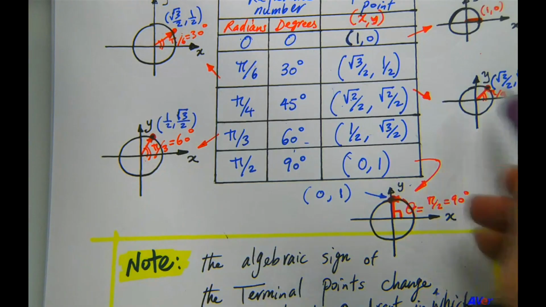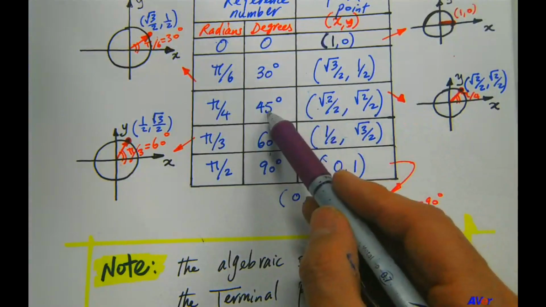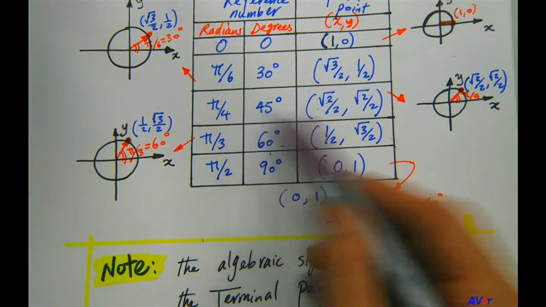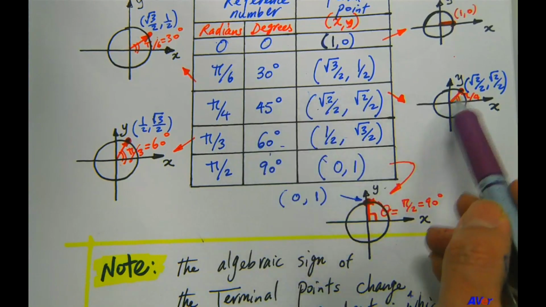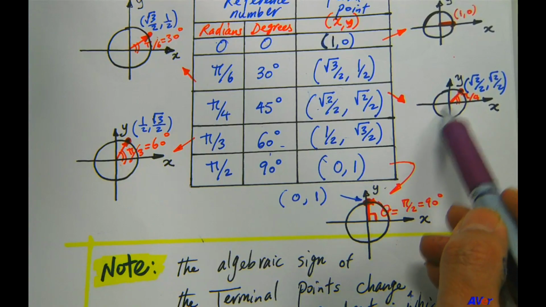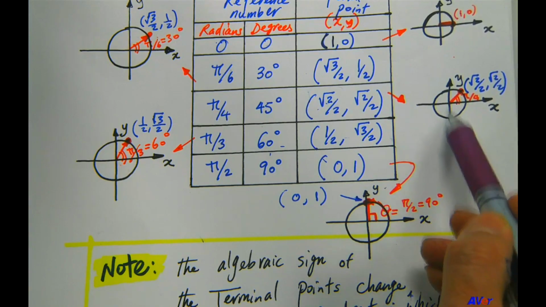Okay, and that one, for example. Suppose your reference angle was 45 degrees or pi over 4, but instead of being in the first quadrant, suppose it was in the third quadrant, where both x and y are negative.